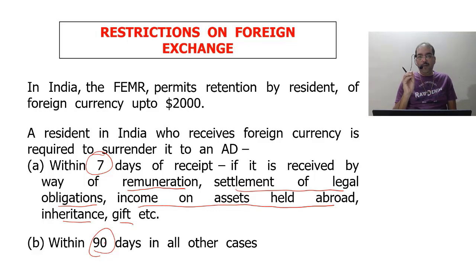So any person resident in India, you can copy it down as I'm talking to you. First of all, no person, no entity can be allowed to hold more than $2,000 without any reason.